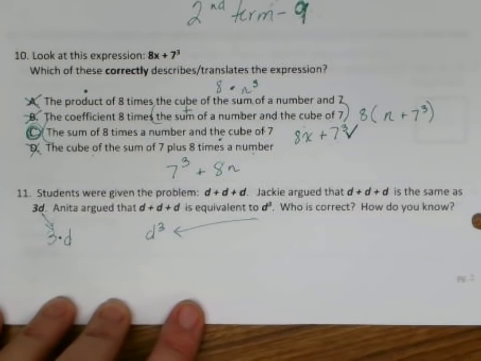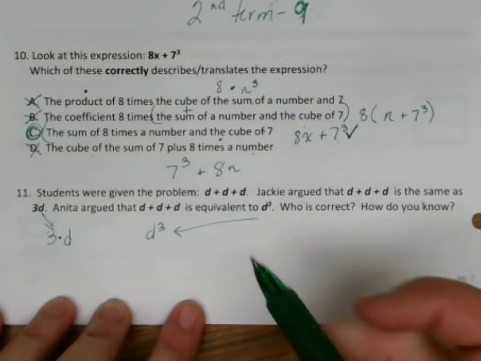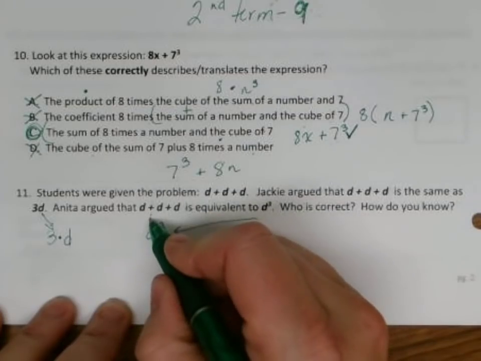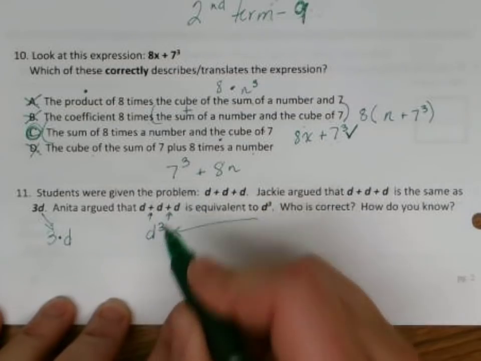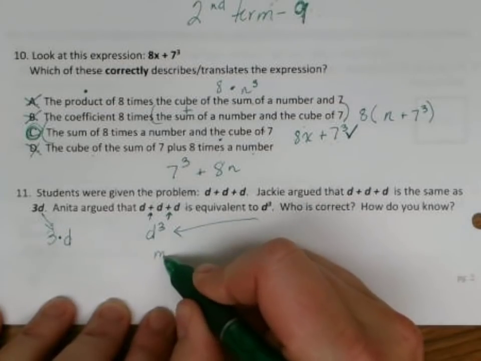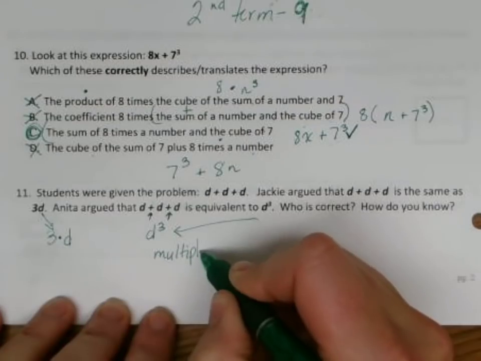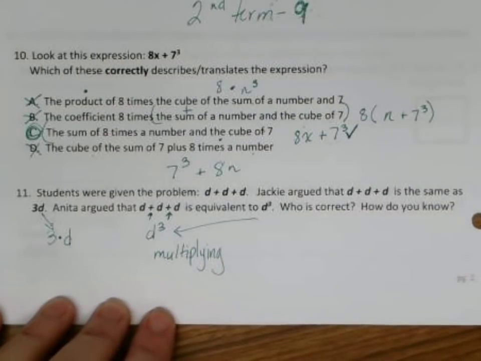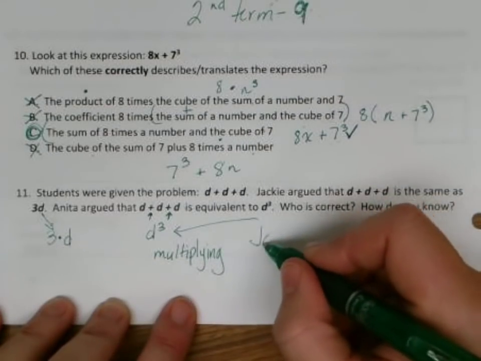But what was the mistake on that one? What were the operations here? They were addition. What does D cubed mean that we're doing for each of them? D cubed means that we're multiplying. So, who was correct in this one? Jackie.